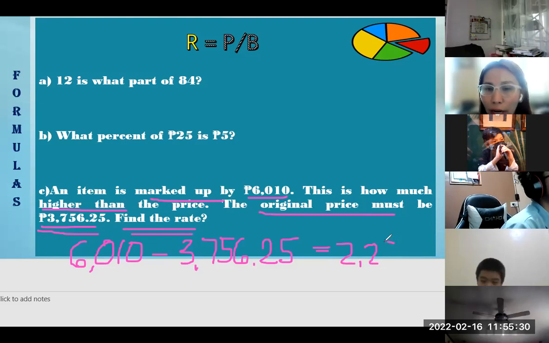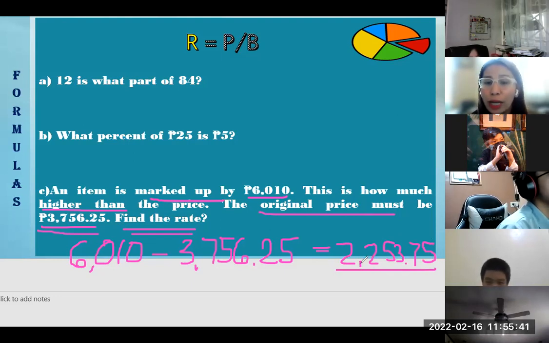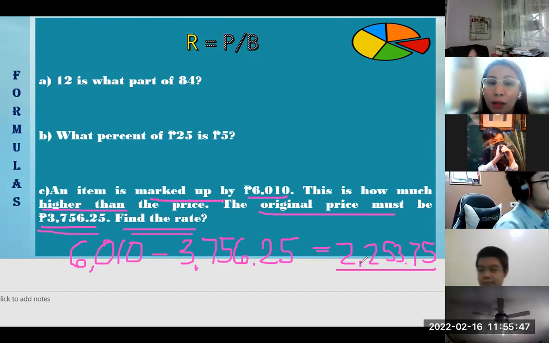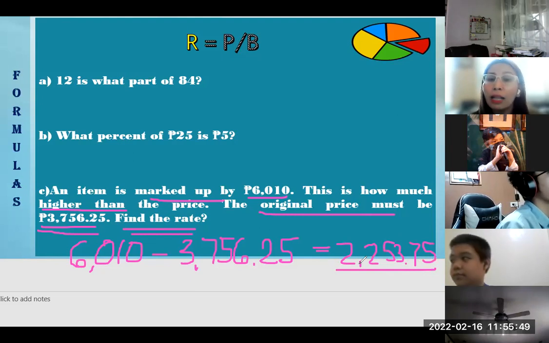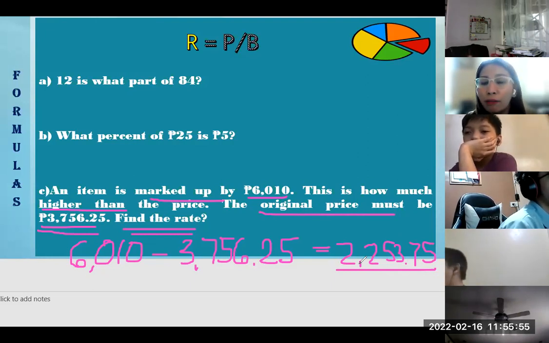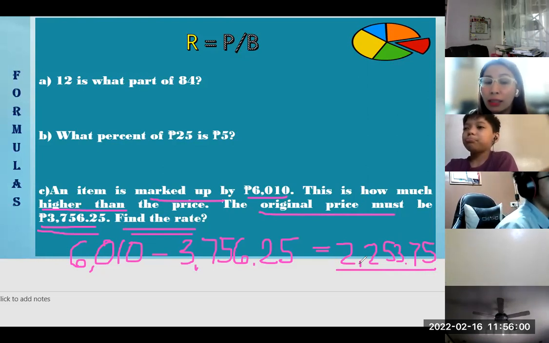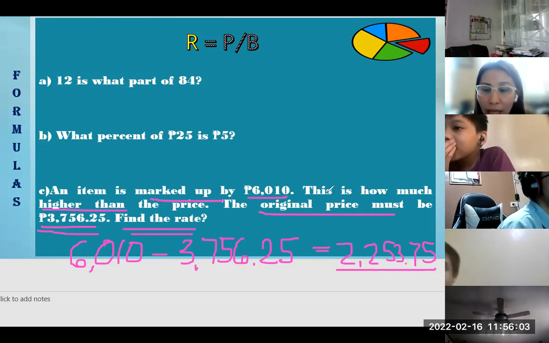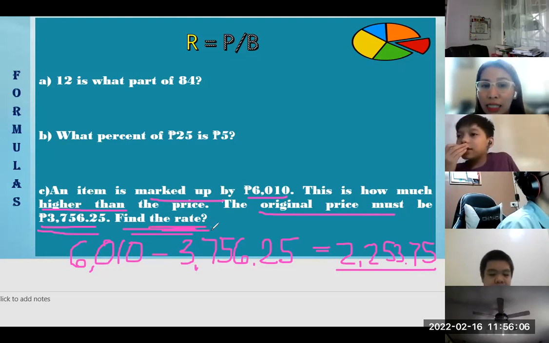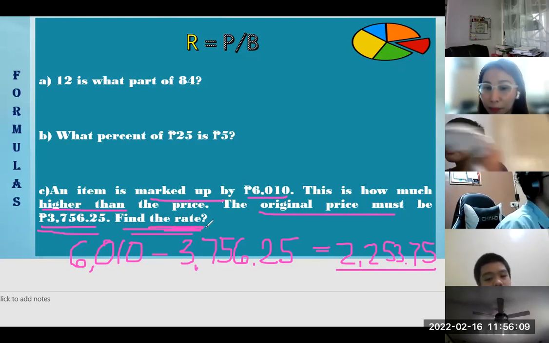It's 2,253.75. Okay, what are we going to do with this 2,253.75? We know that this is the difference, the price increase, right? From the markup, okay, and from the original price, nag-increase ito ng 2,253.75. Now, we have to divide this one to get the rate. Okay, we have to divide it to find the rate of increase.